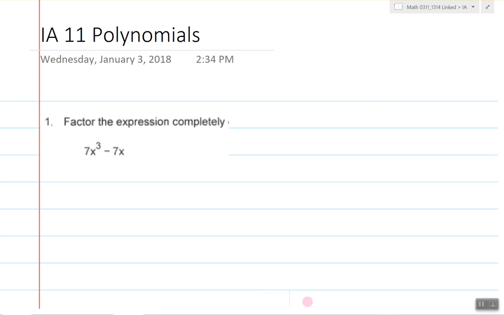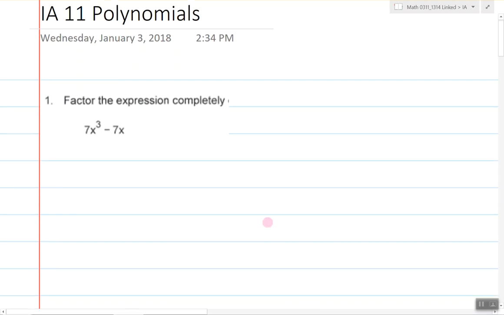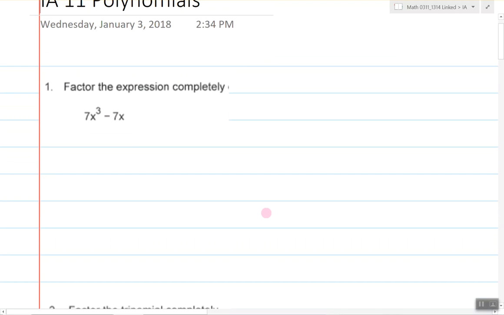It will not give any indication as to what kind of polynomial it is or what factoring technique I should use. Alright, so the first thing I look for is, is there a GCF? So look at first term, second term, however many there are, and yes, I see a common factor of 7, and I also see a common factor of x.